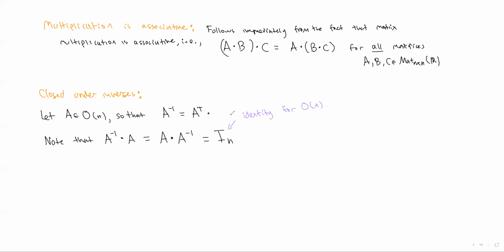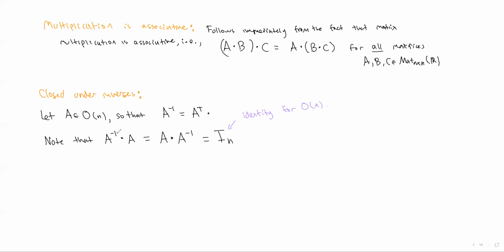And now we're talking about the inverse of A in O_N, but it turns out, because O_N is a group under matrix multiplication, the inverse of A in general should also work here, because the identity for O_N is just your normal identity, and A inverse satisfies the condition that A inverse times A equals A times A inverse equals the identity.